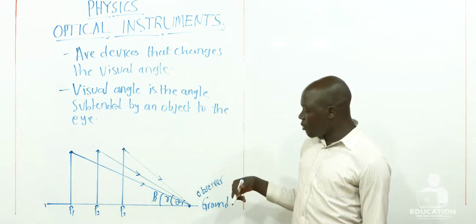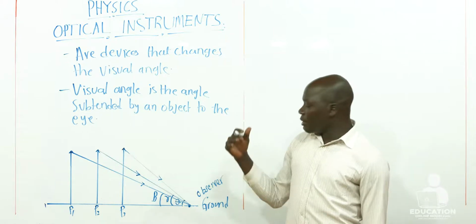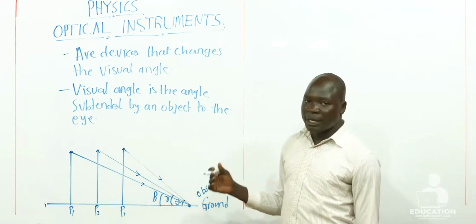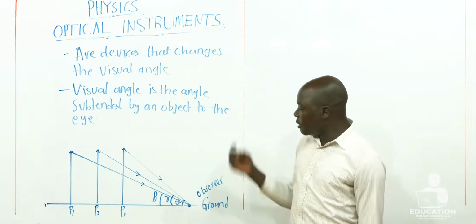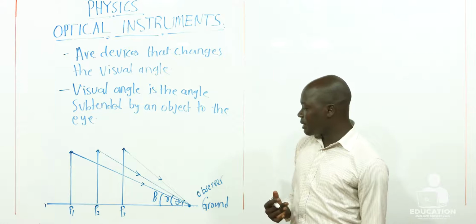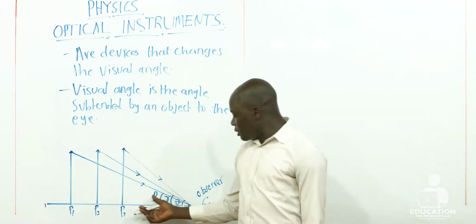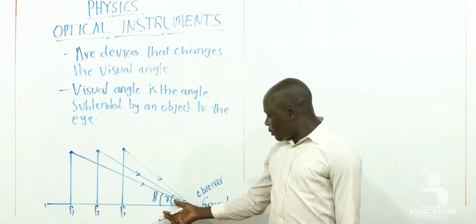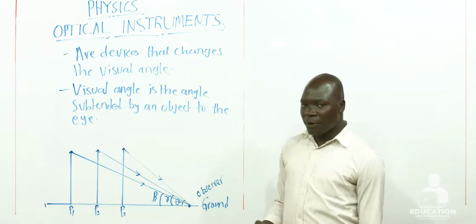So in the visual angle, the size of the objects will be the same, but we shall view them in a way that the objects will appear to be of different sizes. So this is what we term as the visual angle.